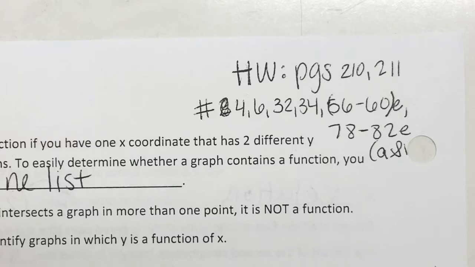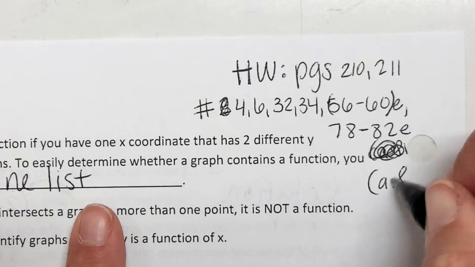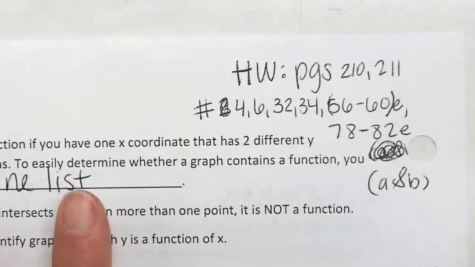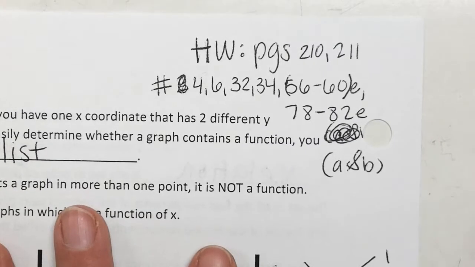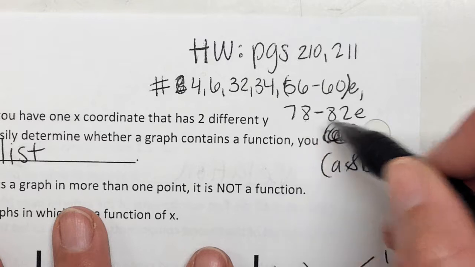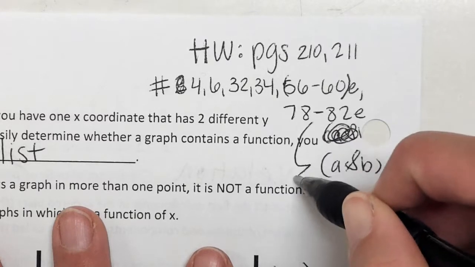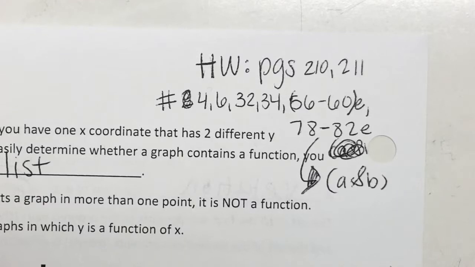That's it, A and B. It just got cut off because of the hole. Sorry. No, don't do 2. So 4, 6, 32, 34. This is 56 through 60 even, 78 through 82 even, and this goes for 78 through 82. Your book is under your desk. Okay.